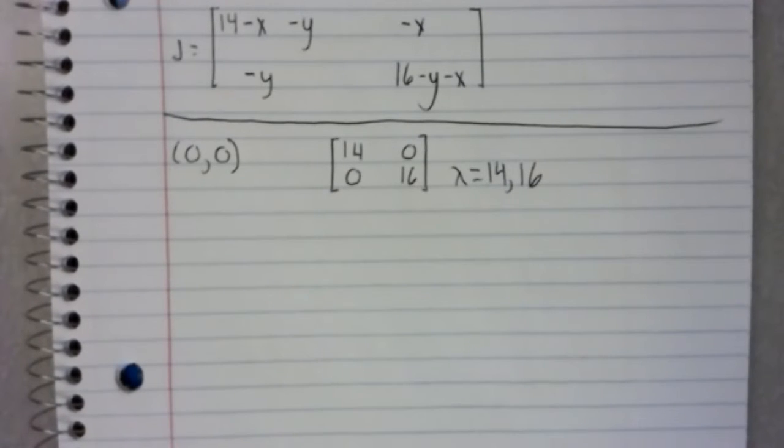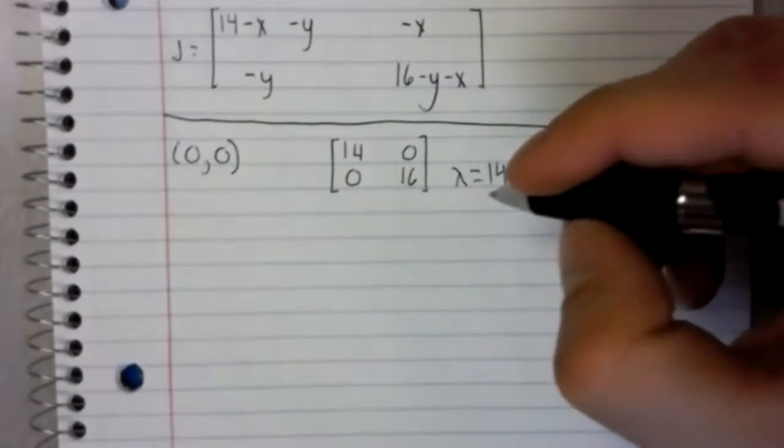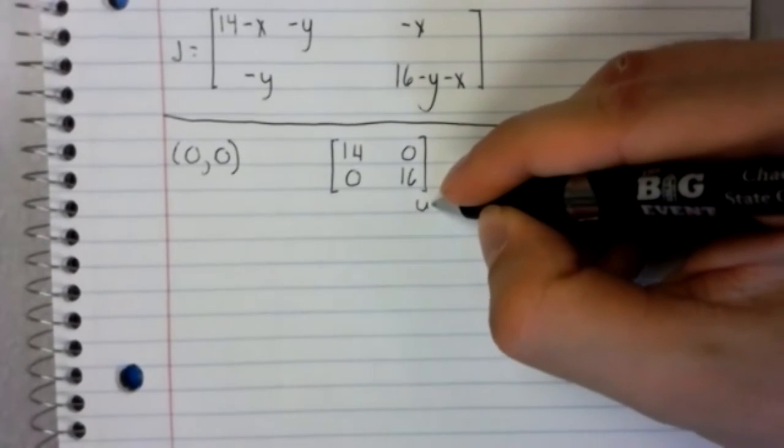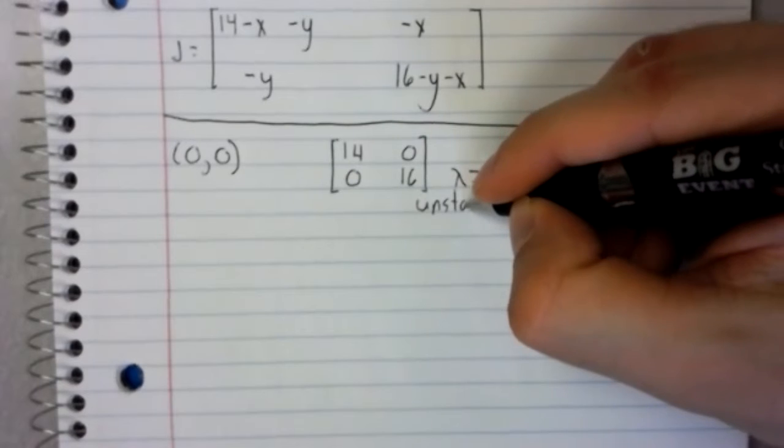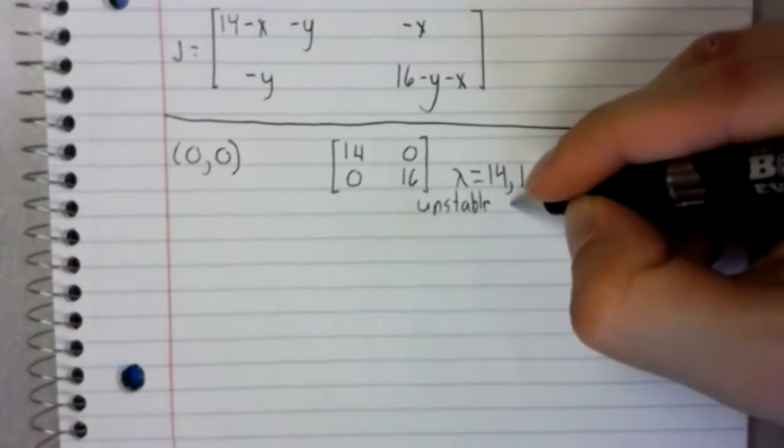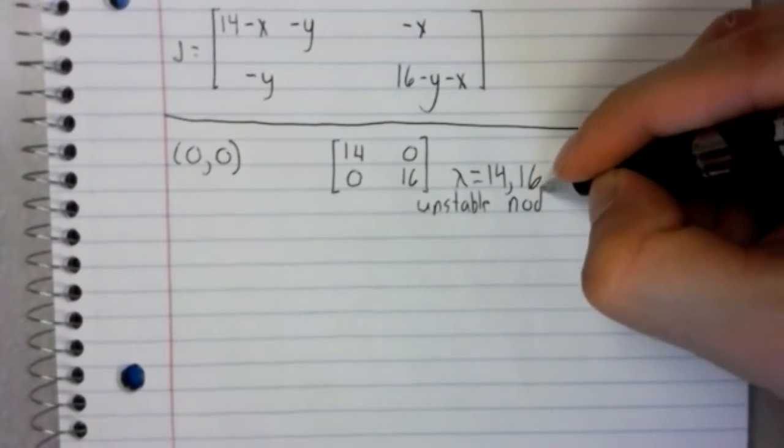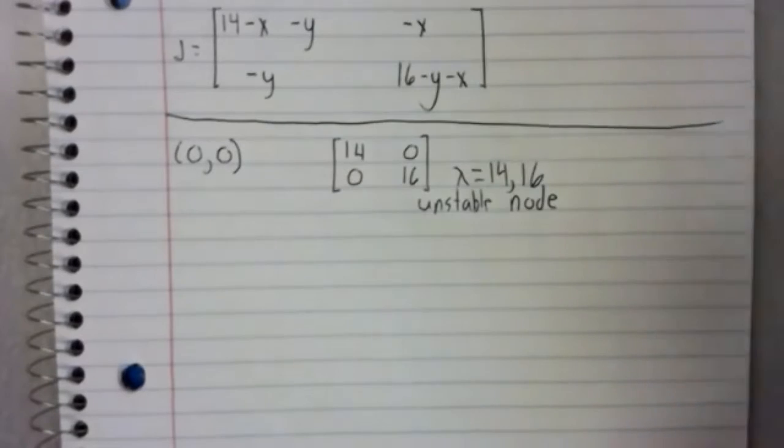You can verify that if you like. These are both positive, so the origin is an unstable node.